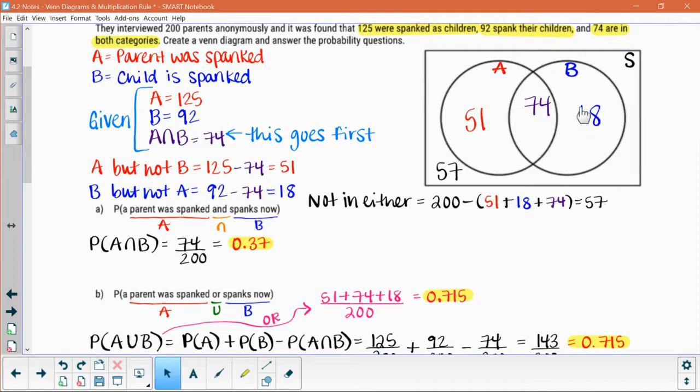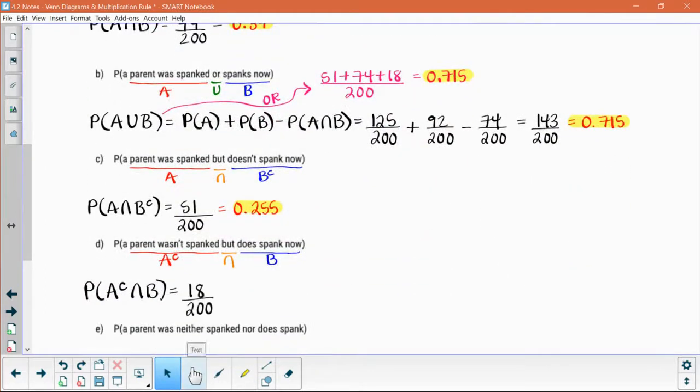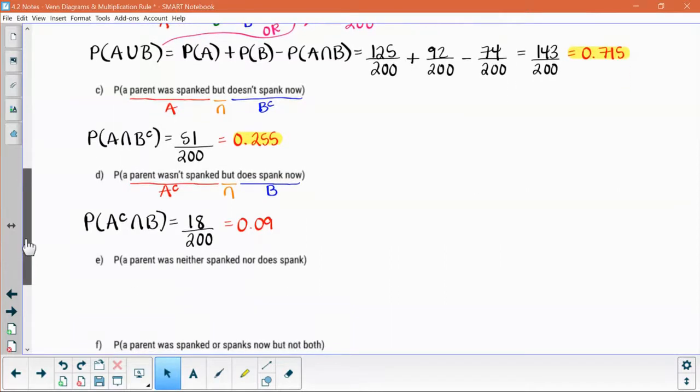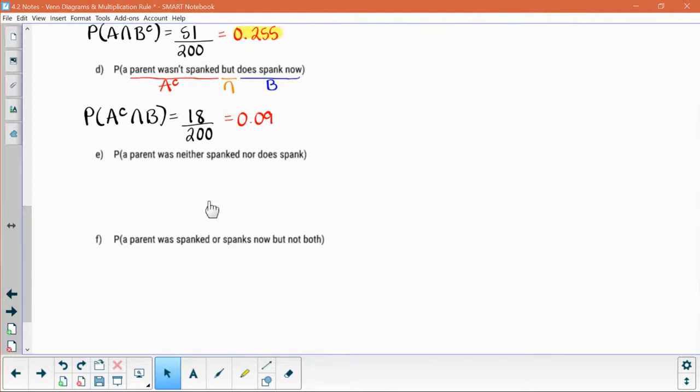So the only section that meets that criteria is my 18. 18 over 200 is going to be 0.09. So it kind of just takes you looking at your Venn diagrams, seeing where everything fits, and finding your numbers that match. And we will approach and in a different way in just a little bit, but for now, Venn diagram is the best method so far.